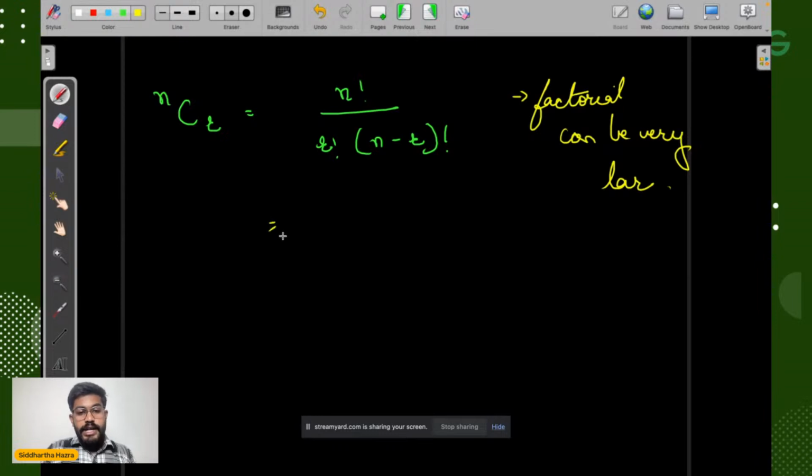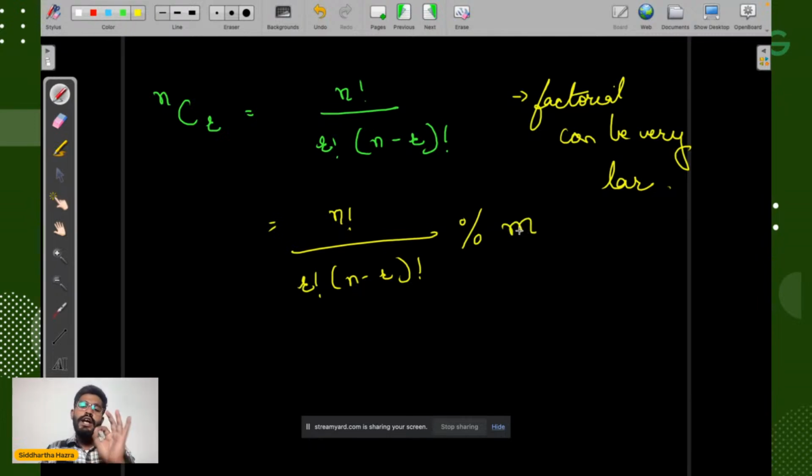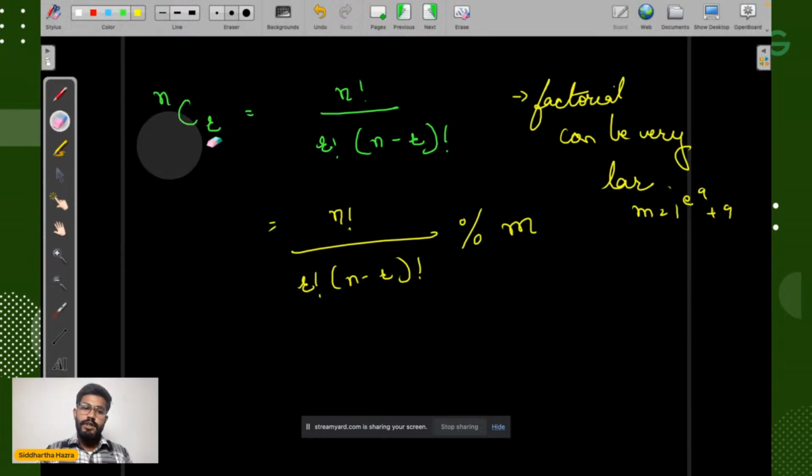And as we know, the answer can be very, very large. So what we need to do is n factorial divided by r factorial and n minus r factorial, and we need to print this modulo 10 to the power 9 plus 7. Let's say modulo m is given, where m is equal to 10 to the power 9 plus 7.